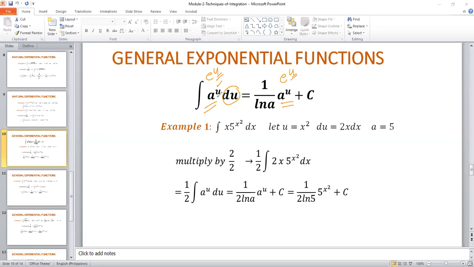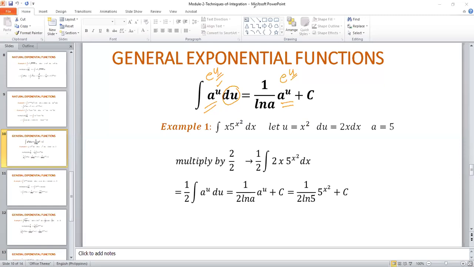So you have to make sure that your a^u is multiplied by the derivative of its argument, the u. Then you can have a^u divided by the ln of a. I hope you can follow too. It's the same as e^u, only that this one has a positive real quantity for the base.